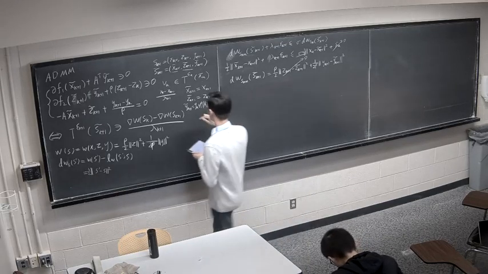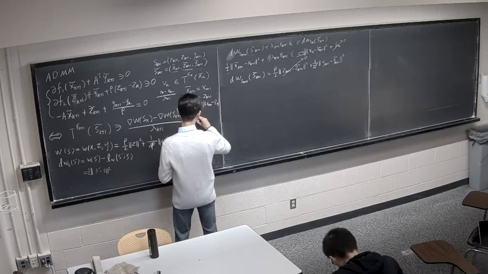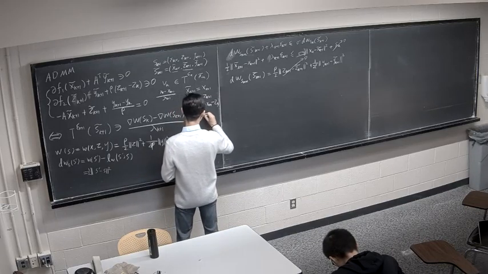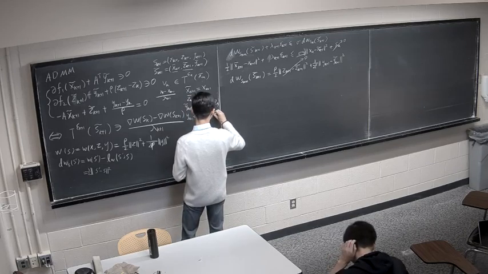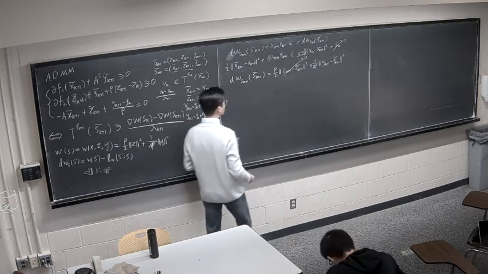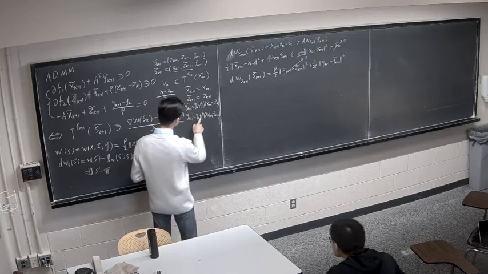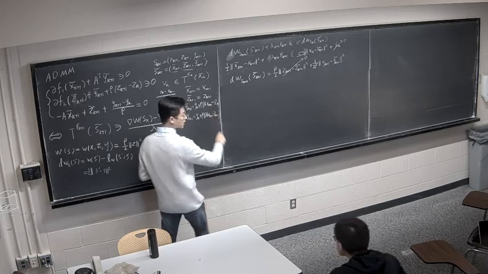And moreover, we also have y_{k+1}. Okay, so here is just the difference between y_{k+1} and y tilde_{k+1}. So most of them will be cancelled out. The difference is just rho times z_{k+1} minus z_k. Right?